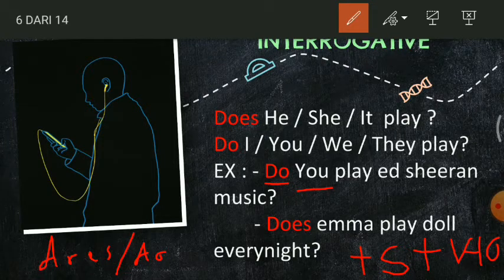In the next example we use Emma, which means she, so you have to use does. Does Emma play dolls every night? That's the form.